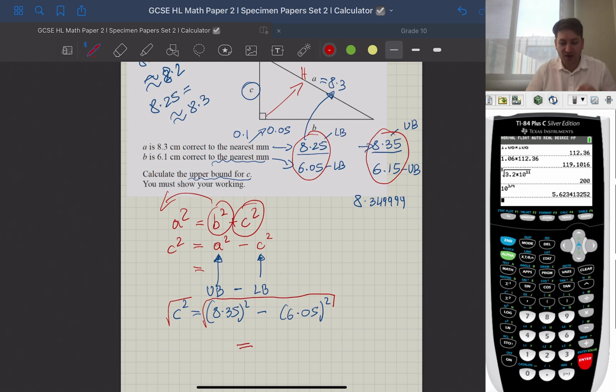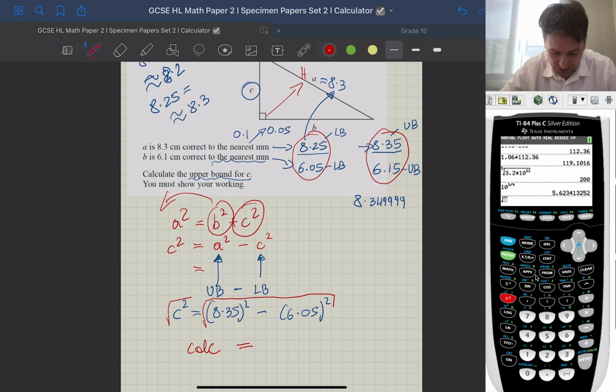All right, so at this moment I am going to use the calculator to put all of this in. I'm going to press the second function button over here. Now whenever you can, open the brackets, keep the brackets, guys.